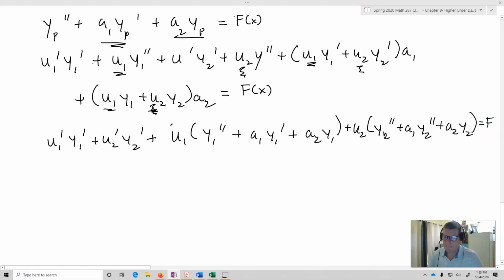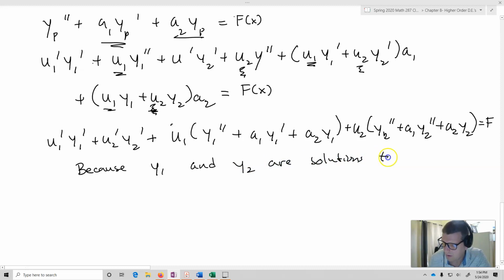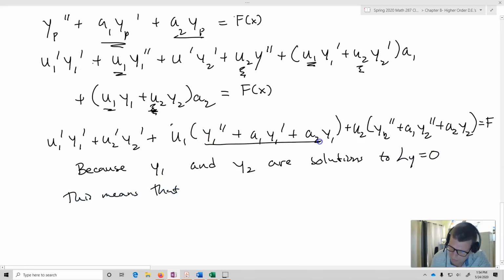Now here's the thing: because y1 and y2 are solutions to Ly equals 0, the homogeneous part, this means that Ly1 equals 0 and Ly2 equals 0.